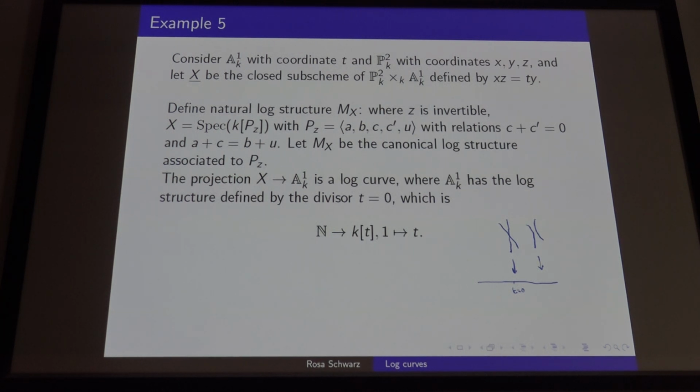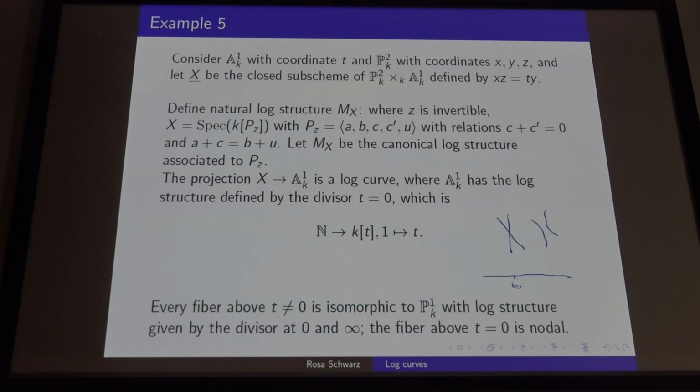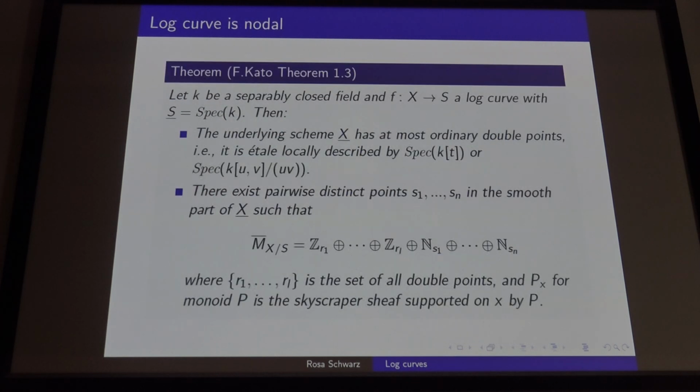And this will also have some markings, because if you're not above t is 0, then it's isomorphic to P1 with the divisor at 0 and infinity. And this would be your markings, and there's always 2 markings, so the n in this theorem is always 2.